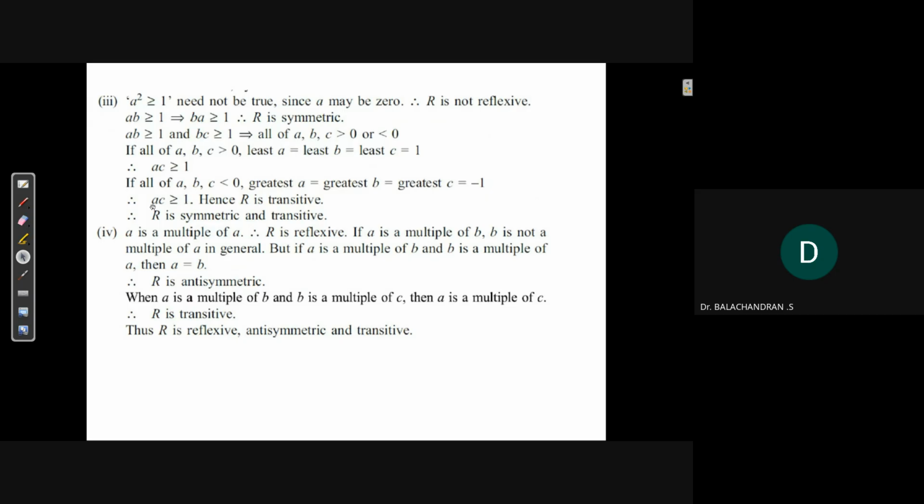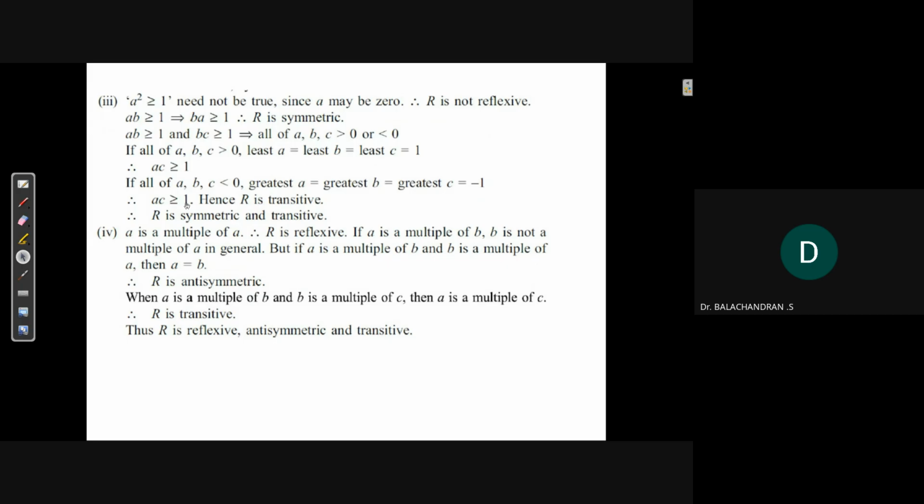So in this case, a into c is also ≥ 1, because if a is -2 and c is -5, then -2 into -5 is 10, which is ≥ 1. If I take both of them as -1, you will get equality: a into c equals 1.